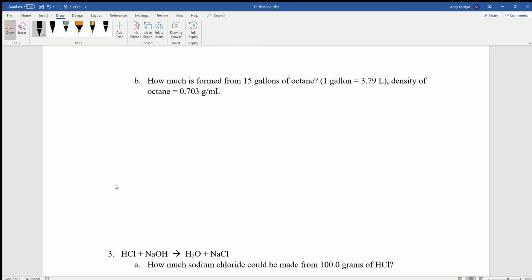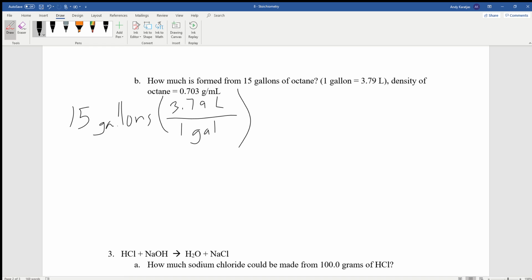Well, the first thing is, clearly we're not in a unit that's going to help us do this calculation. If we want to do mole calculations, we need to be in grams, not gallons. So we're going to have to start out by converting. So 15 gallons times 3.79 liters over 1 gallon.